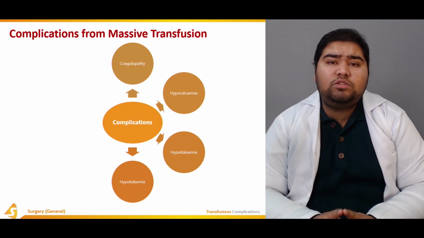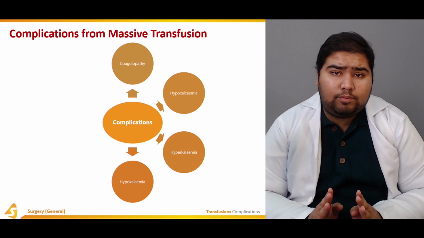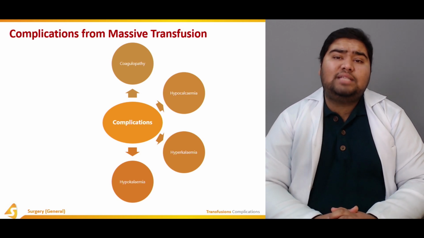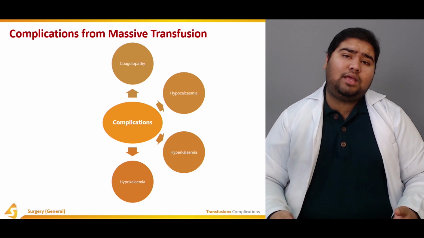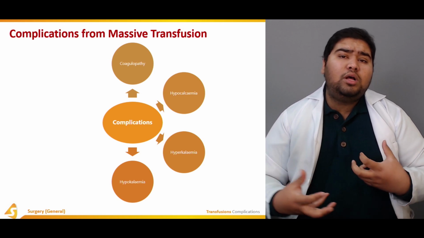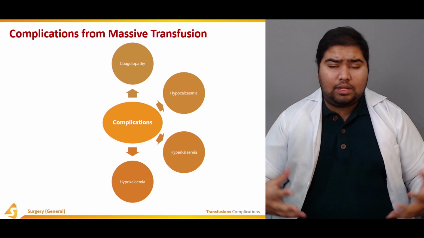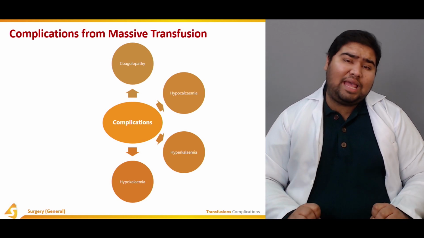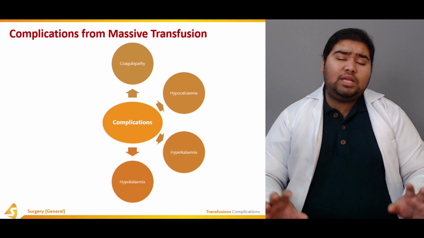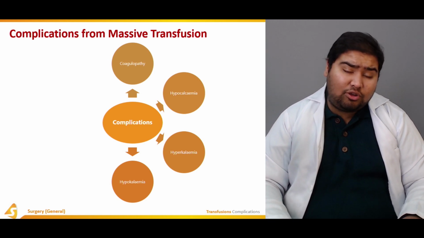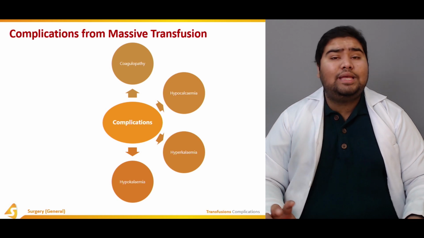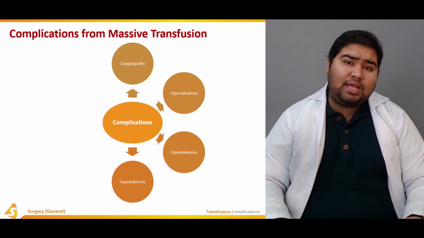So the potassium content of the blood is affected by massive transfusions, because you're transfusing the blood again and again. New potassium molecules are entering into the blood, so the body cannot sustain itself and cannot maintain the sodium potassium gradient across the membranes, as a result of which either hypo or hyperkalemia can develop.